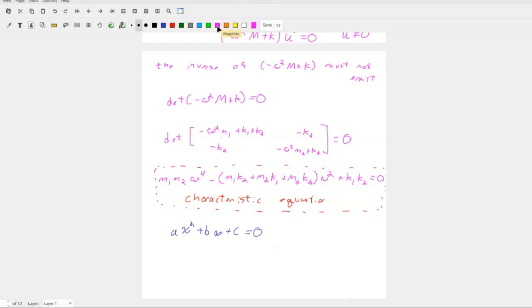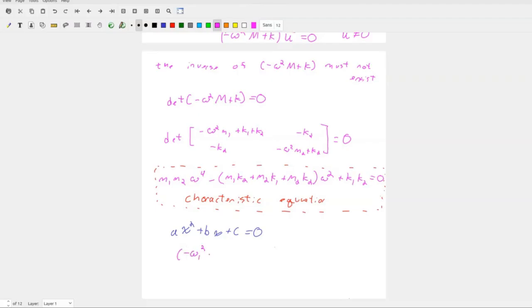So now we get a solution for omega 1 and omega 2, where the vector u satisfies the equation, right? So again, we have two solutions. We have just, again, kind of given you the solutions using the quadratic equation.